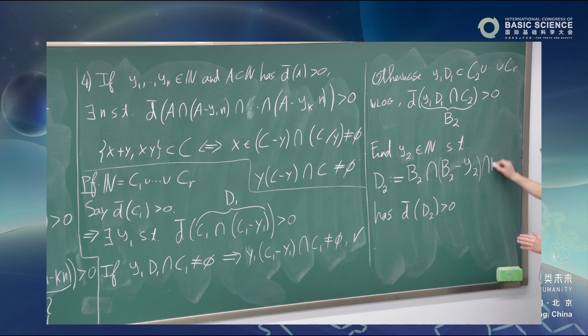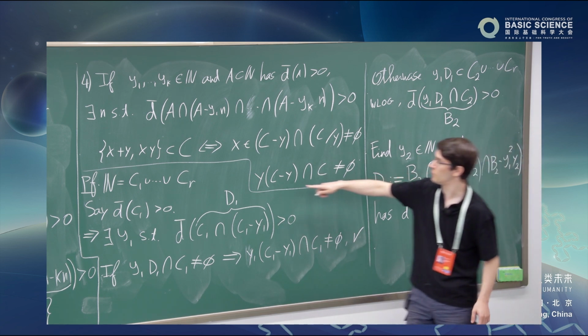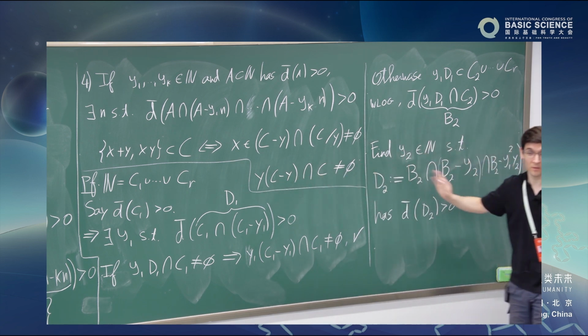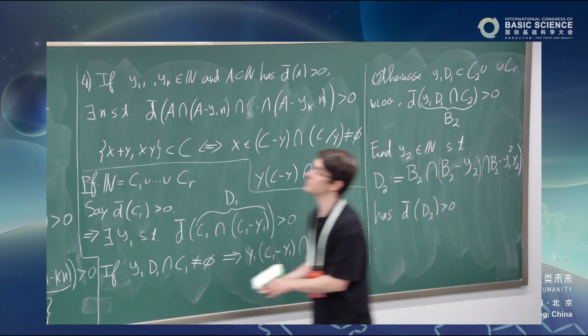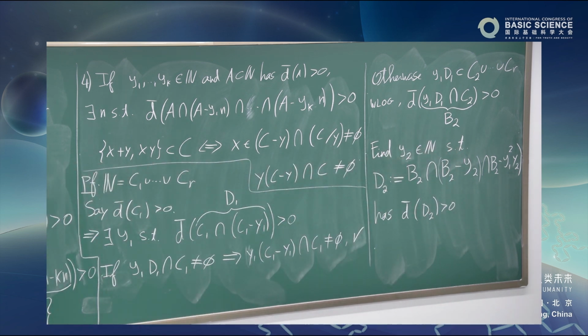And this is where the magic happens, and you just have to believe me that this works. So we use here y1 squared times y2. Ultimately, why is this here? This is the derivative of the affine map y times C minus y. It is not clear at all what I mean by derivative, and that would take me longer to explain than just writing down the proof. So there's a reason to write this here, but we can check in a moment that this was the right thing to put here. So let's finish the proof here.